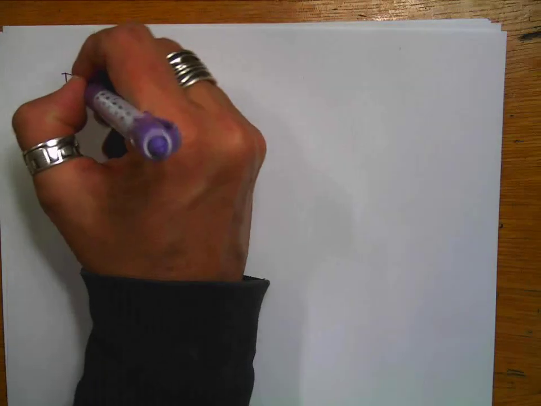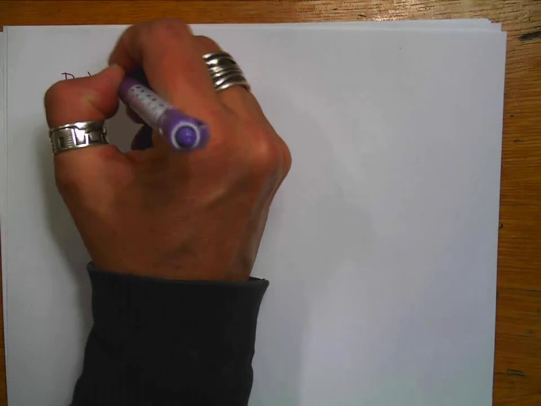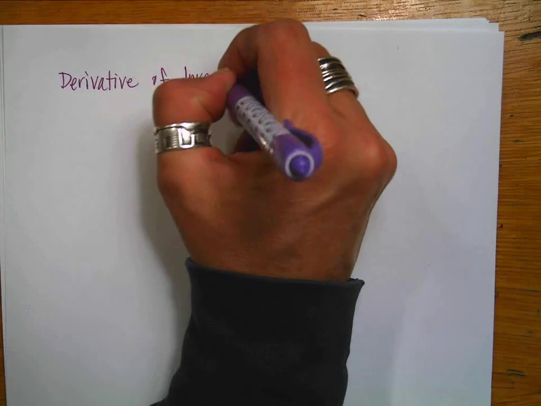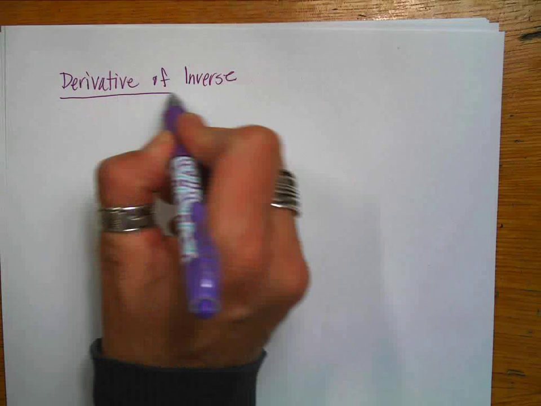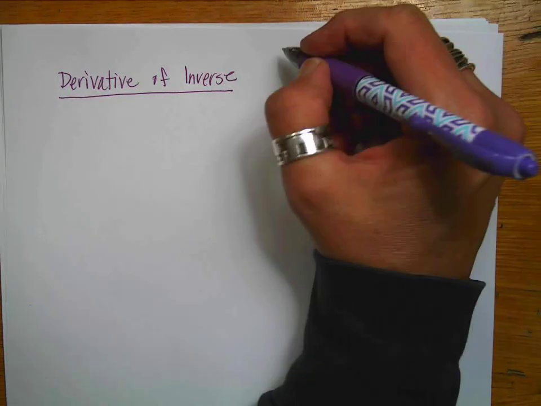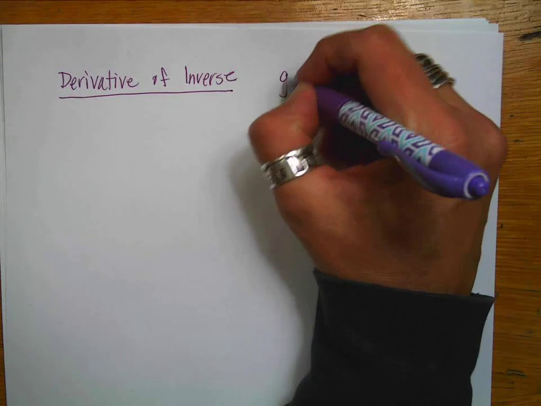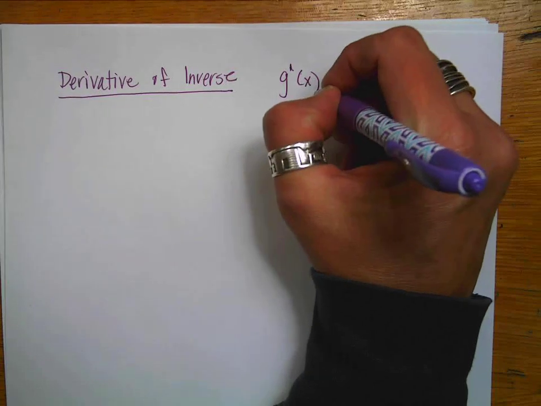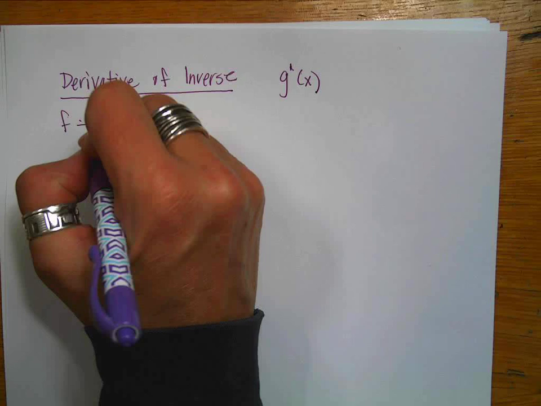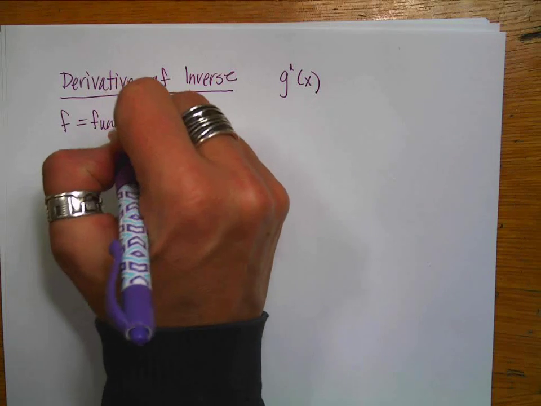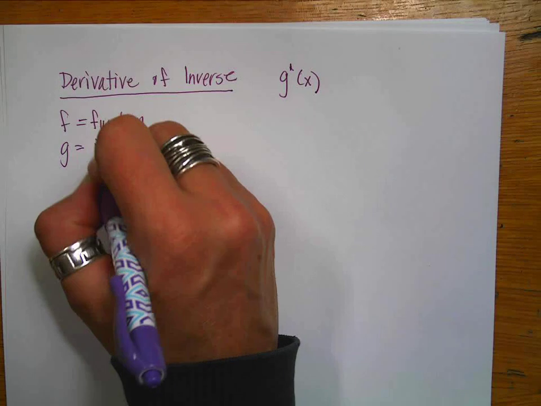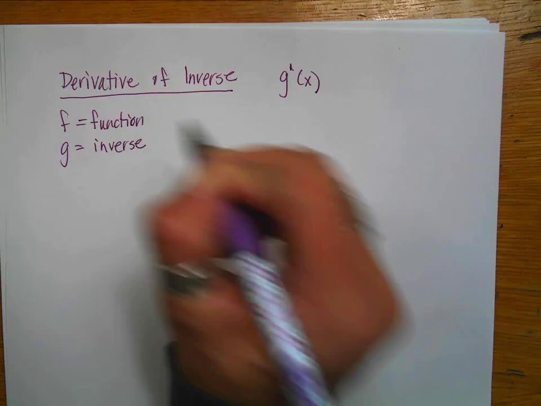All right. So now we're going to talk about the calculus version of inverses, and we're going to want to calculate the derivative of an inverse. Okay, and this is going to be another formula that you should add to your formula sheet. And so remember that g of x is often going to represent the inverse. So f is equal to the function, and in calculus, g is often equal to the inverse.